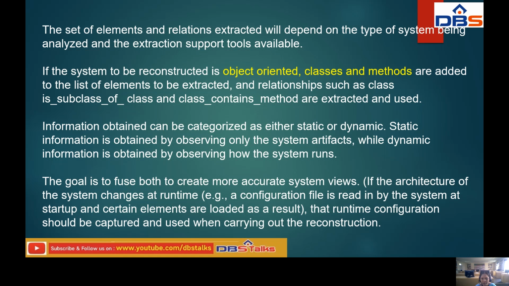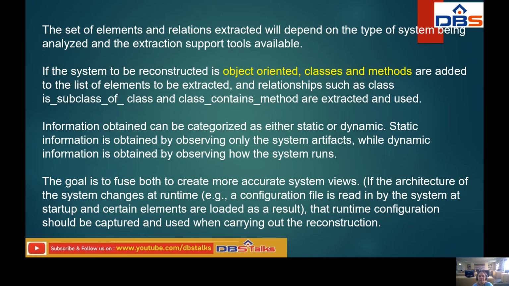Static information is only about the system artifacts, while dynamic information is obtained by observing how the system runs. That is the variation between static and dynamic information.